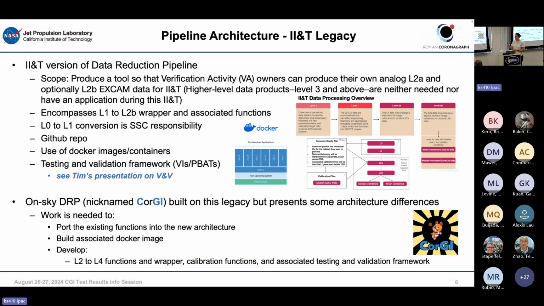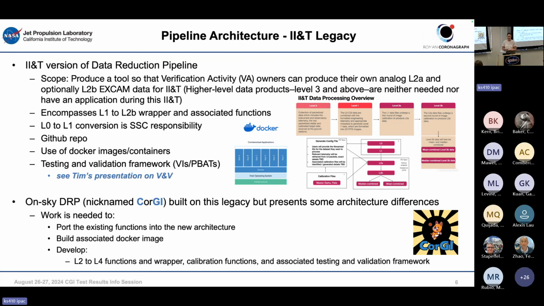So the on-sky DRP, also nicknamed Corgi, is built on this legacy, but presents some architecture differences. For that reason, some work is needed to port the existing INT function and wrapper into the new architecture and build the associated Docker image.